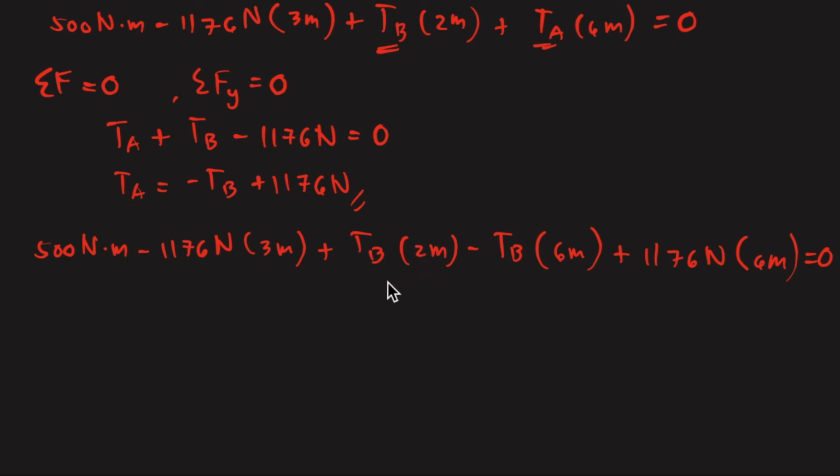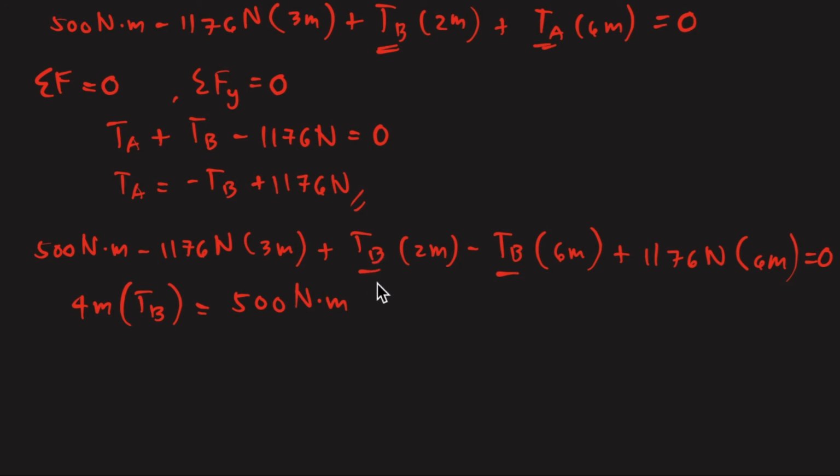Okay, now we have 1 missing force here, which is TB, so we can combine that. So that's negative 4 meters times TB, and now we can isolate TB here. So that's 500 Newton meter, which can be positive now since we transferred it from the other side.